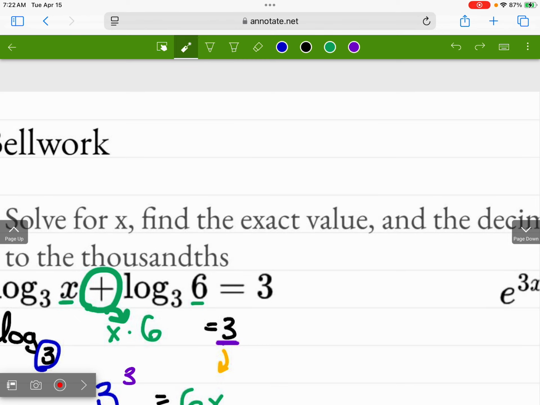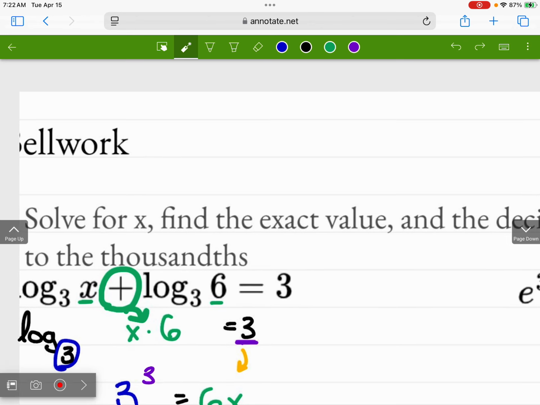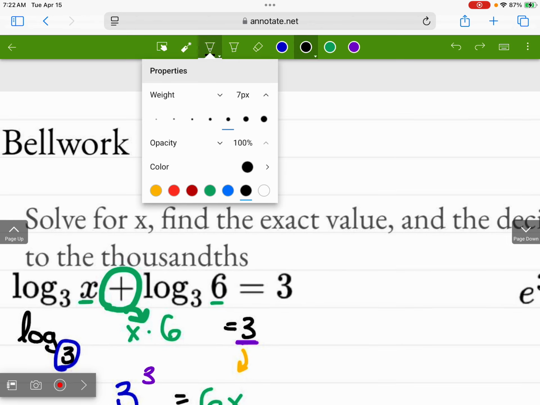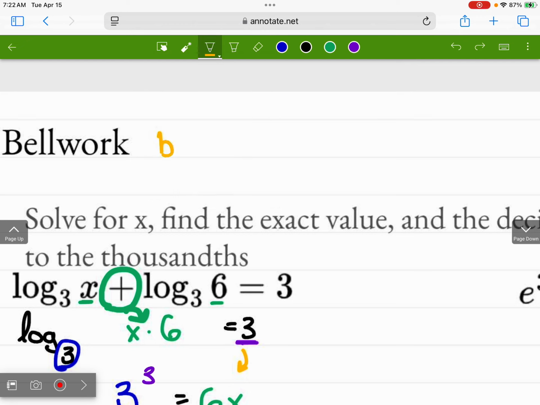So since we have an addition between two logs, I can take my two arguments and multiply them together using the condensing properties. On this one, how we got rid of it was we switched it from log form to exponential form with the BPA log BAP thing. When we do condensing, it gets rid of one of the logs. Okay.